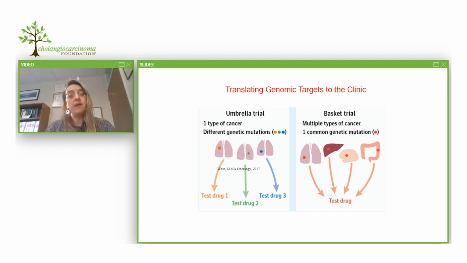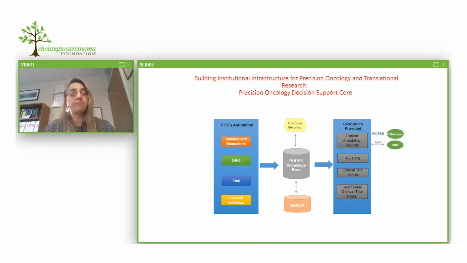However, there's been a lot of momentum also gained through trials referred to as basket trials. These are trials looking at alterations that are rare, but they're found across a variety of tumor types. So even patients that have rare tumors, such as cholangiocarcinoma, may benefit by going on these trials if they have an appropriate molecular alteration.